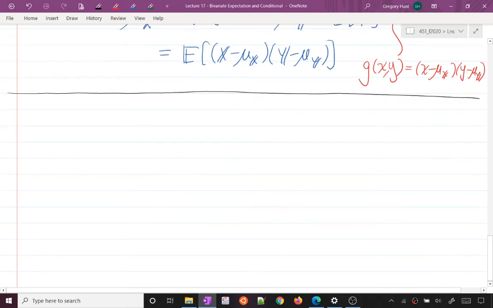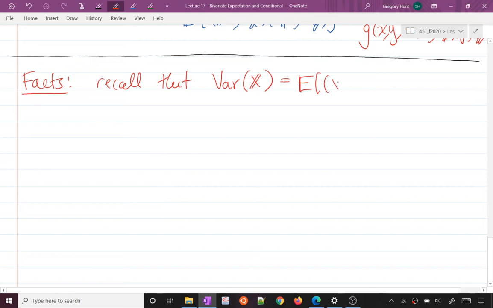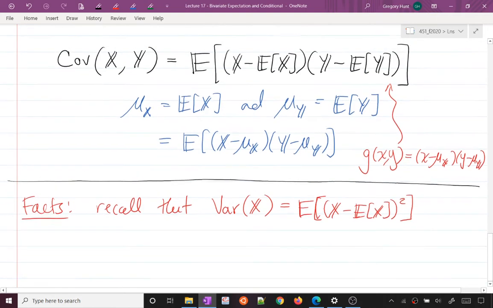Some facts about covariance. You can call them theorems, I'm going to call them facts. So recall that the variance of a random variable x is the expected value of x minus its expectation, quantity squared, inside that expected value. So that looks kind of familiar.